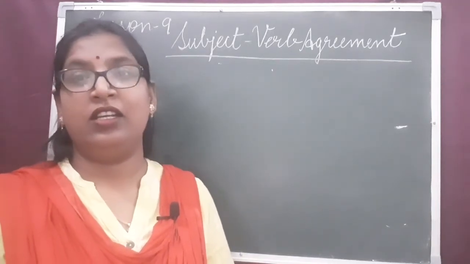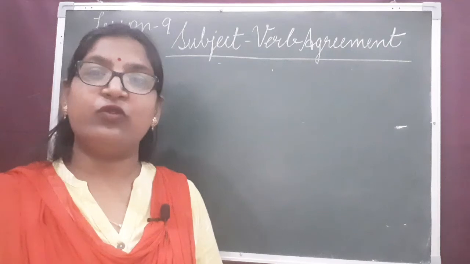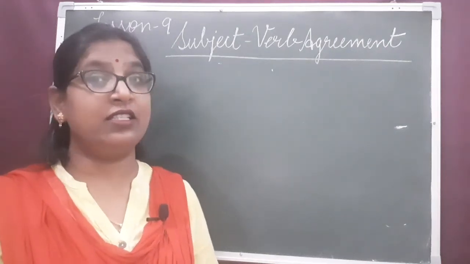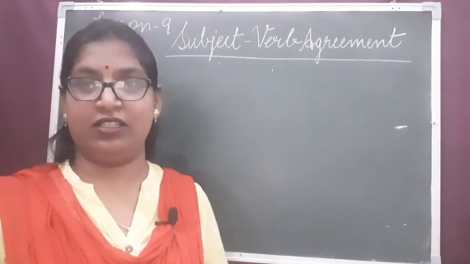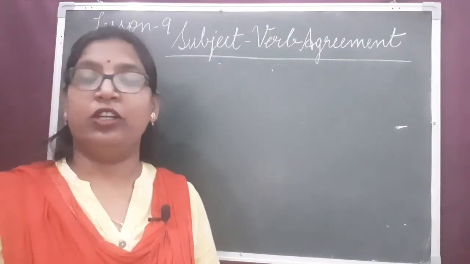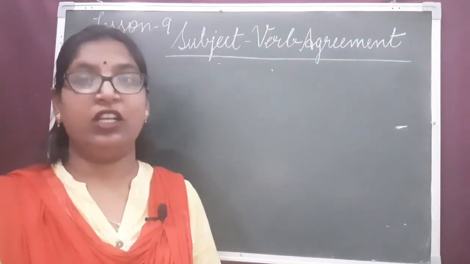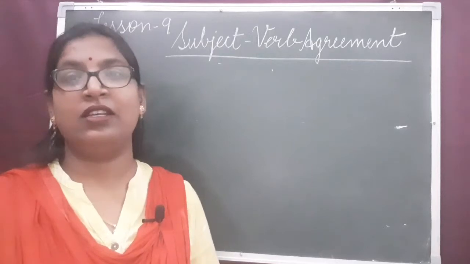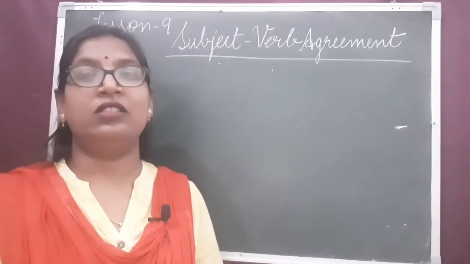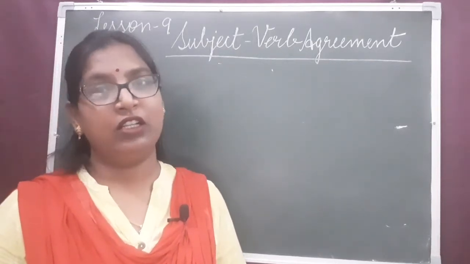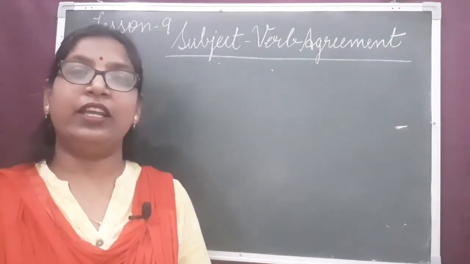Subject. About what we speak in a sentence is called a subject. Verb. Verb is a word which expresses the action, state of being, or the possession. Agreement.